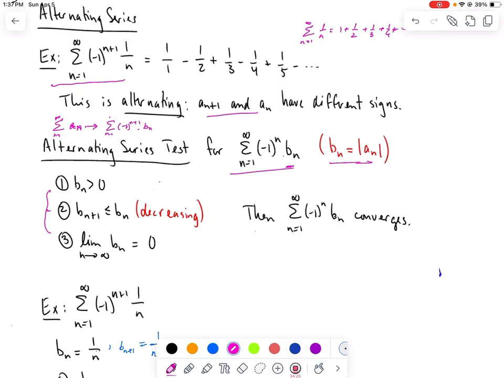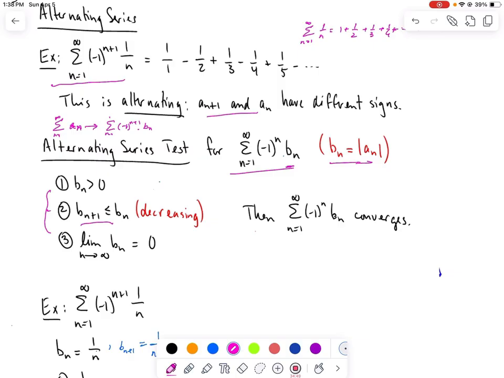The next condition is that b_(n+1) should be less than or equal to b_n, meaning each term of the series should be smaller than its previous term. It should be a decreasing sequence.